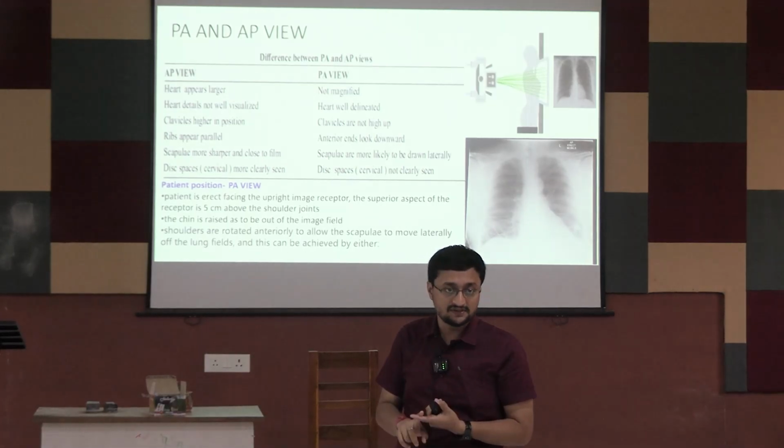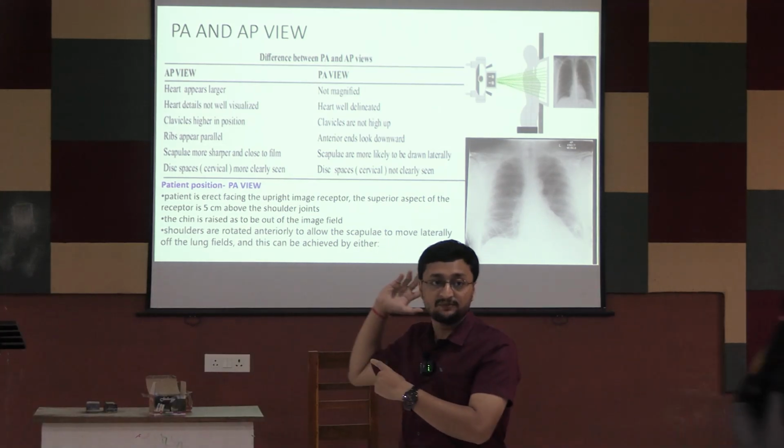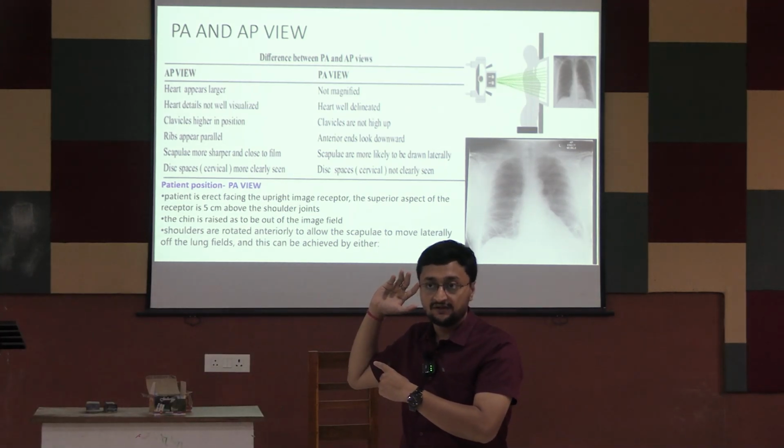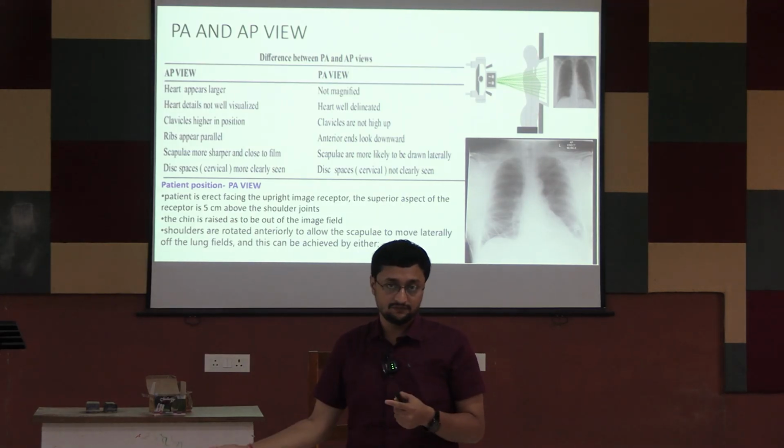So this is the minimum distance, 6 feet. So the beam is coming from the posterior aspect of the patient. That is why this is called the PA, the posterior anterior view.